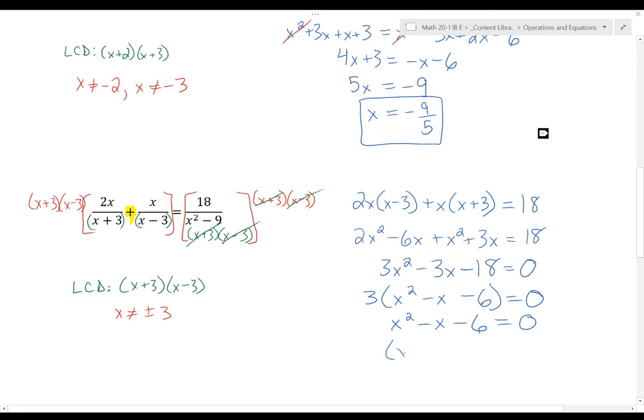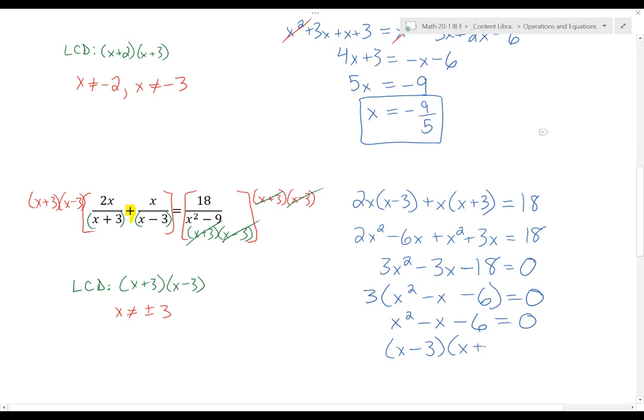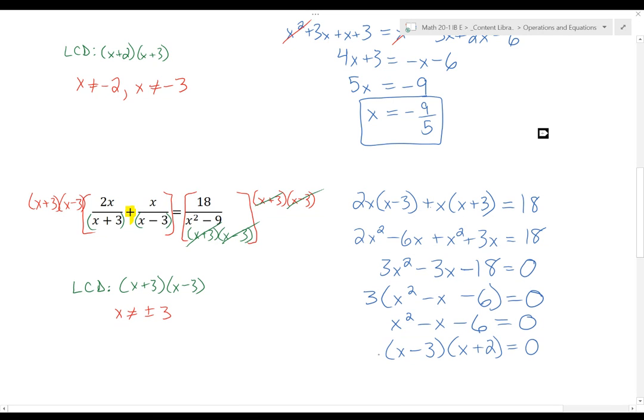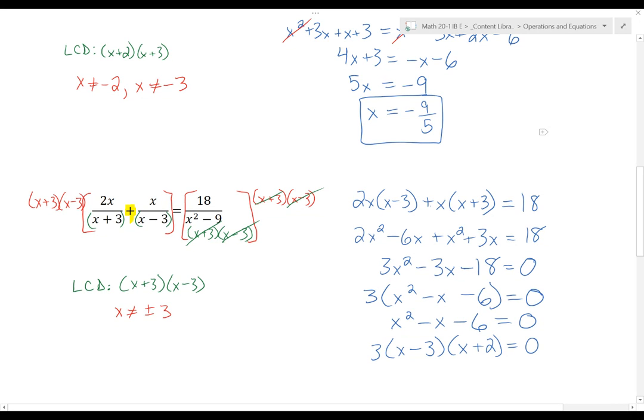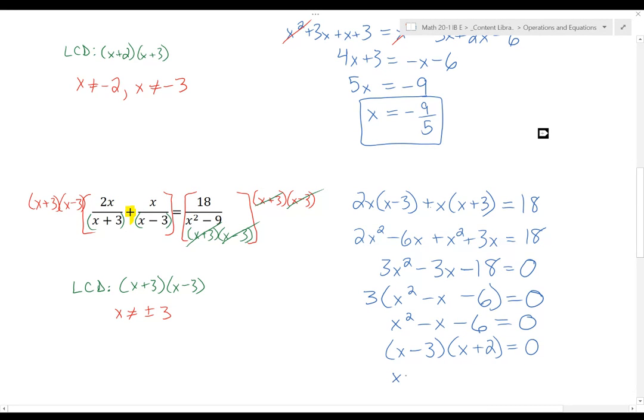It doesn't matter if I keep the 3 there or not, because ultimately it's not going to impact the answers I get. If I still had that 3 out front, 3 can't equal 0, so it doesn't really matter whether it's there or not. But I get two solutions to this quadratic equation, x equals 3 or x equals negative 2.